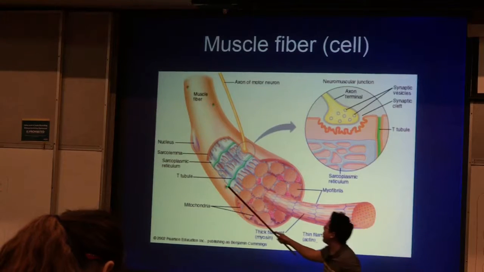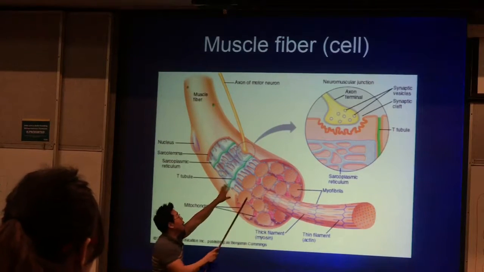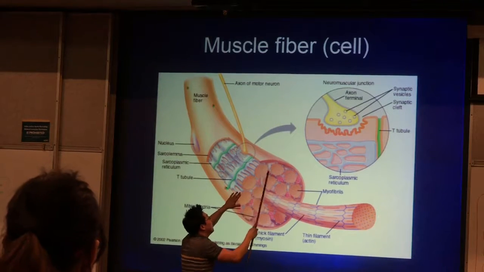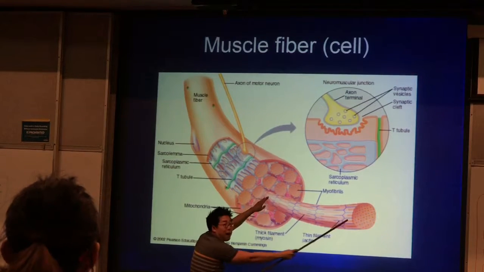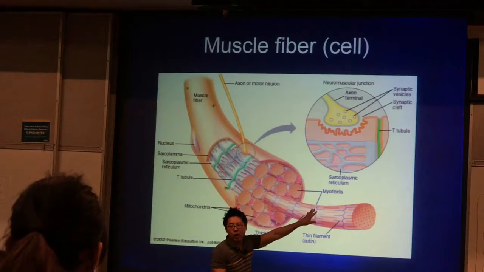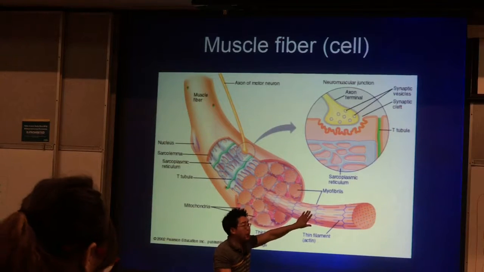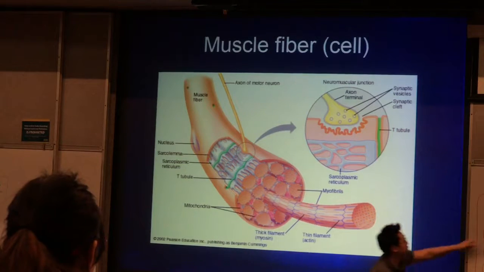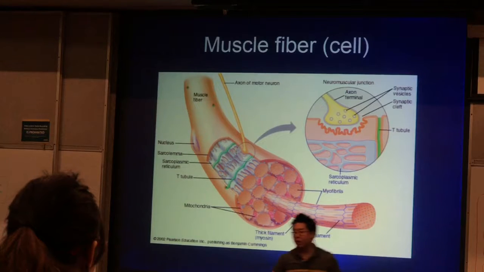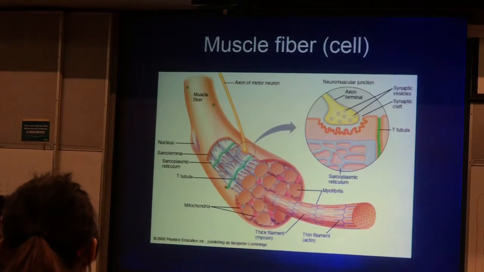Therefore, they are called what? T-tubules. Within your muscle fiber, you have a bunch of these myofibrils. Sorry, I had said myofilaments earlier. That's something else. These are myofibrils, excuse me. So these are your myofibrils, which are these rods over here. And then, let us continue.